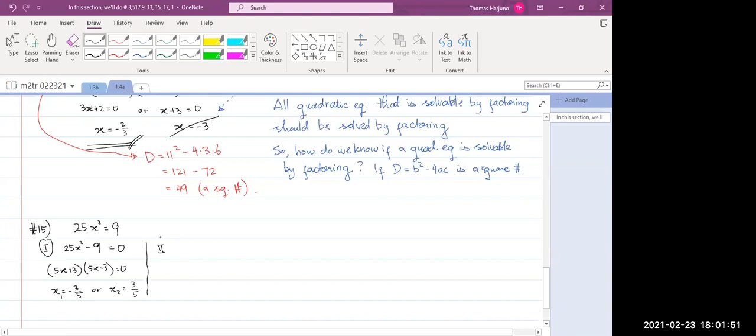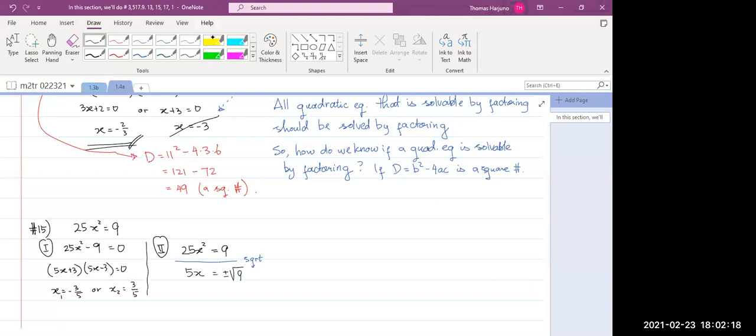Basically, I apply square root to both sides. Let me write it down first. Square root both sides. Then on the left-hand side, I will get 5x. On the right-hand side, don't forget the plus minus.